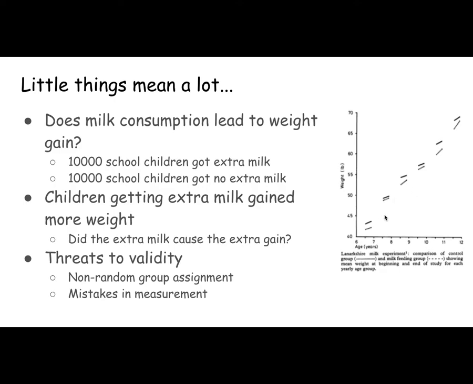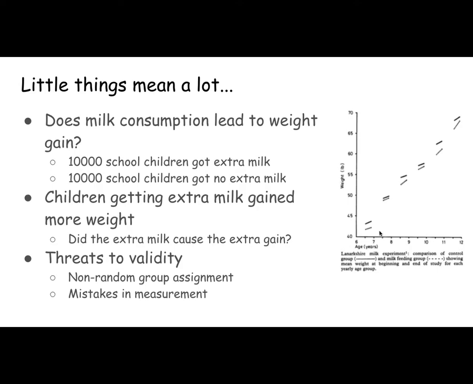Now, the other problem they had was with how they measured weight. So the way they did it was they brought the kids in and they put them on the scale fully clothed. But they started the study in February when the kids were wearing heavy winter clothes, and they ended the study in June when the kids were wearing lightweight summer clothes.